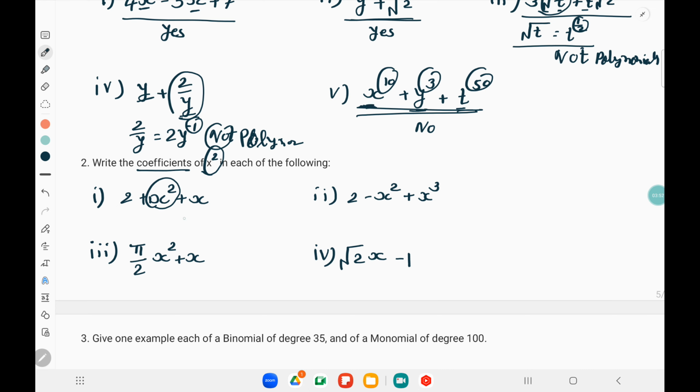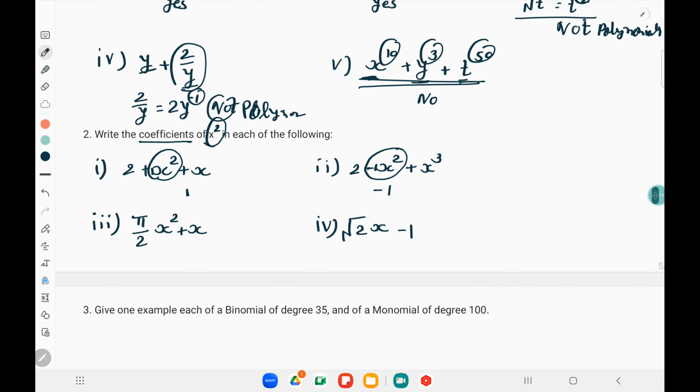Okay, so 1. Here for the second one, this is the x square term, and x square has no number in front of it, which means we consider it as 1, and because it has a minus sign in front, the coefficient of x square is -1. Okay, here the first term is the x square term, and the coefficient of x square is pi over 2.